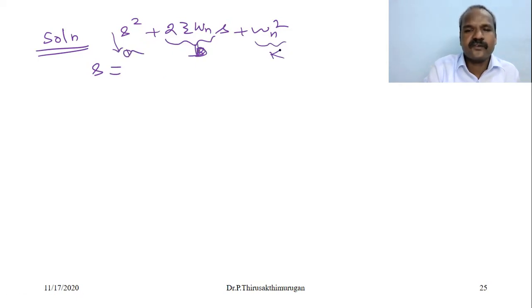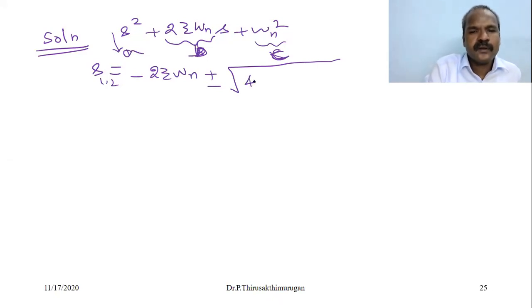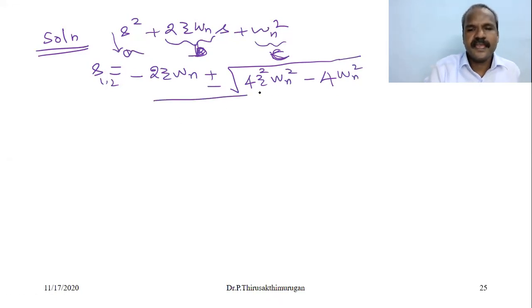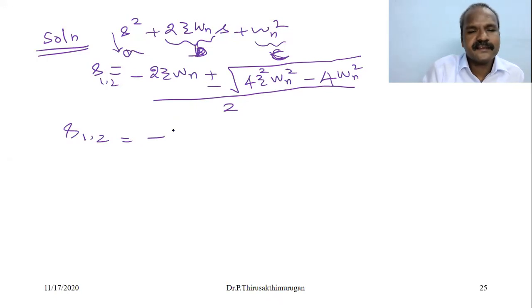As per the quadratic equation, consider a, b, c. What is s? s1 and 2 equal to minus b plus or minus square root of b square minus 4ac, so 4 zeta square omega n square minus 4 into 1 into omega n square, divided by 2a, that is 2.